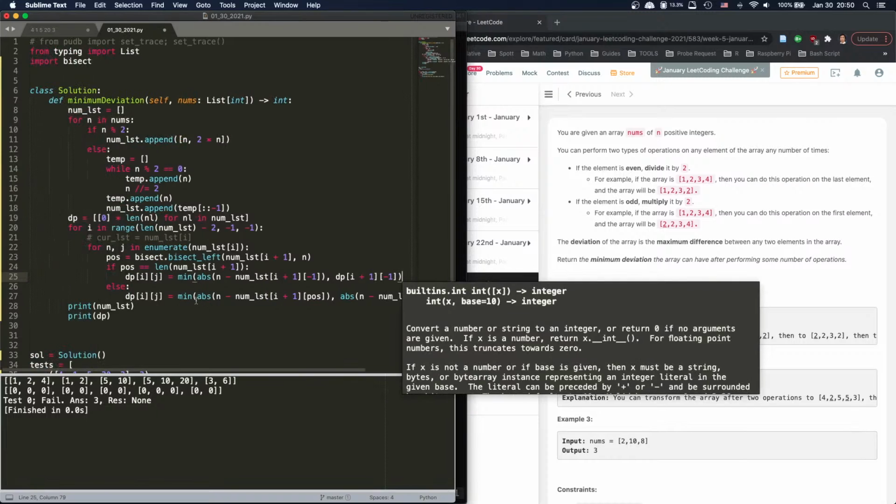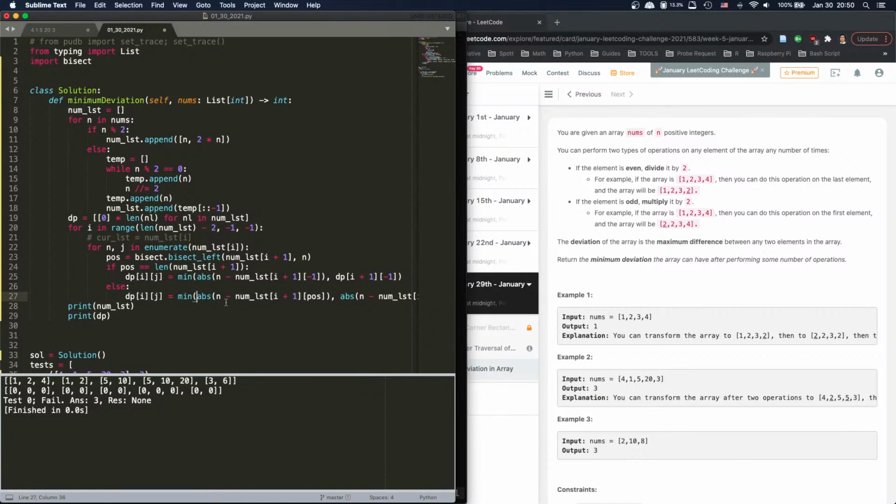Oh man, it's going to be a lot of things going on. So this is the min of the current thing, right? Or which one we use. And then this is actually not min, this actually is max.